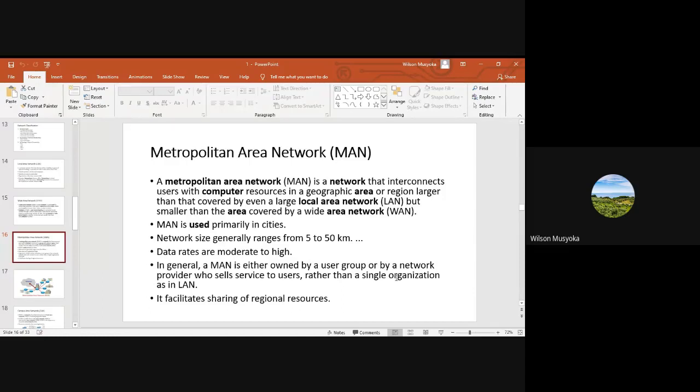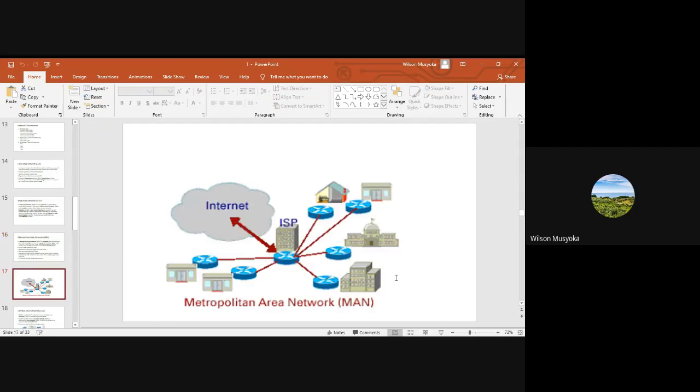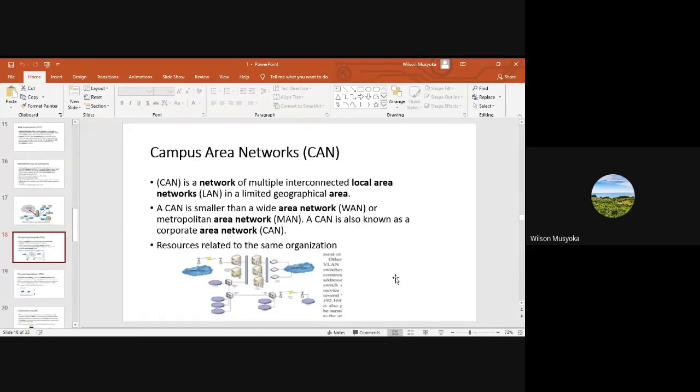Why would an organization that is small and doesn't have enough capacity to afford its own connectivity invest in one? It can just piggyback on an existing access point and connect. This is a diagram of an example of a metropolitan area network, which will enable connecting to the rest of the internet.